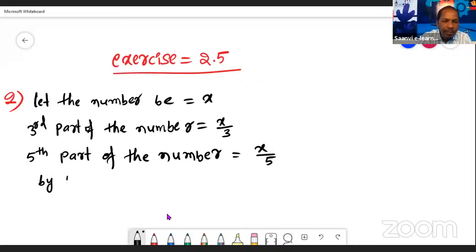Next, by the problem, some information is given about the number, third part of the number and fifth part of the number. So let us see what information is given.